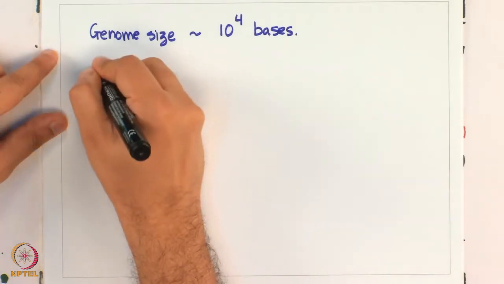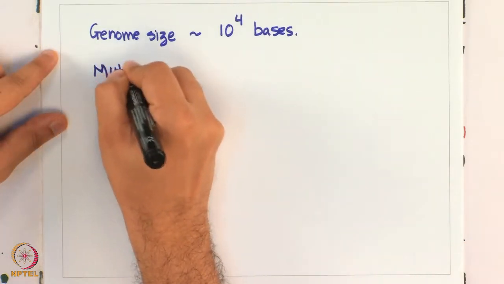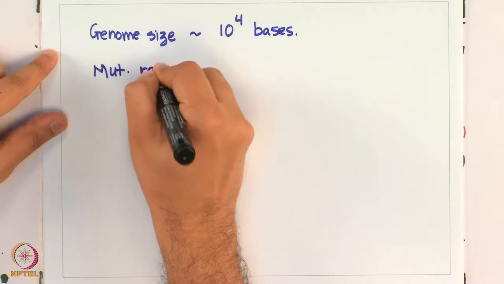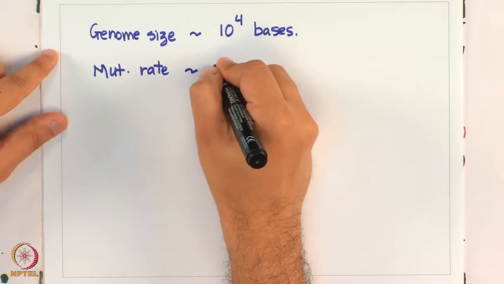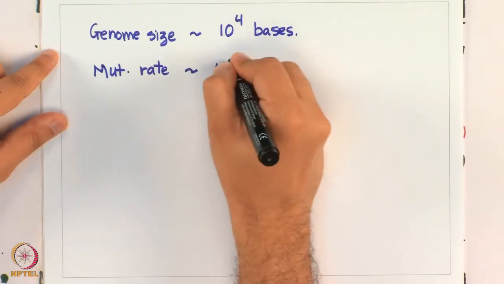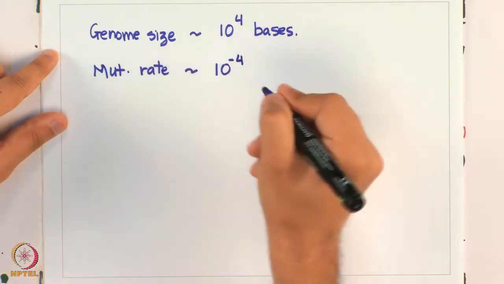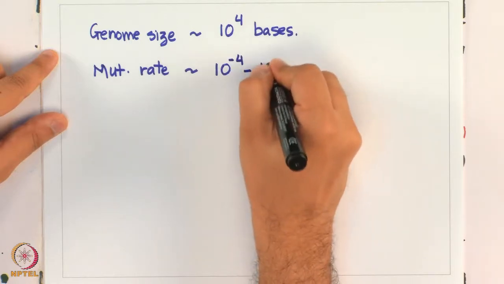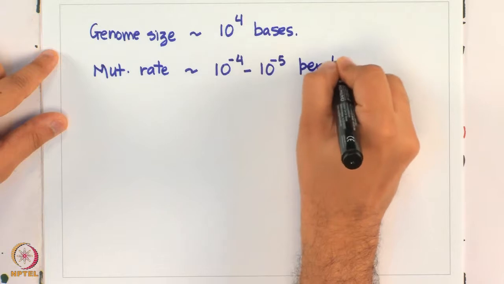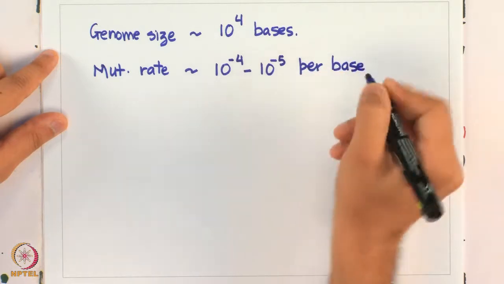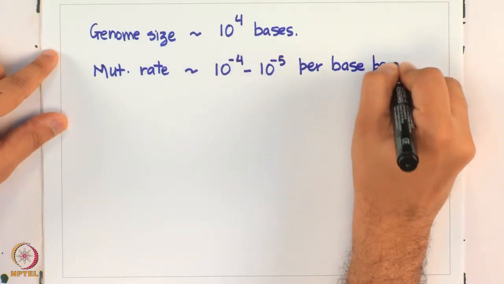The mutation rate associated with HIV is of the order of 10 to the power minus 4, 10 to the power minus 5 per base per generation.